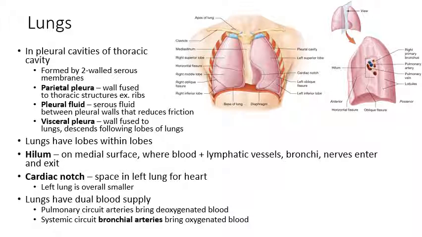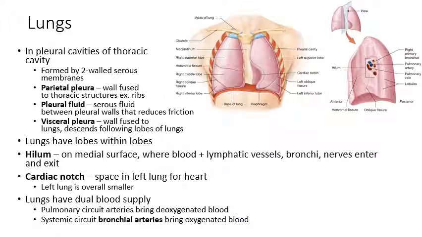Between those two walls of the serous membrane, you have the serous fluid. You have a teensy space that would be filled with serous fluid, which in this case is called pleural fluid because it's for the lungs. The role of that fluid, and of the serous membranes as a whole, is to reduce friction so that as your lungs are moving, they don't rub against the thoracic cage.